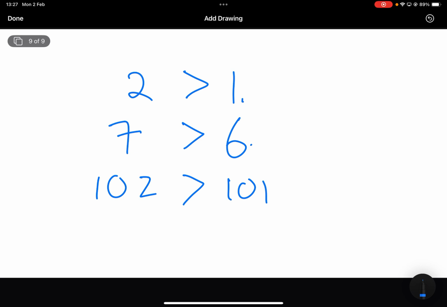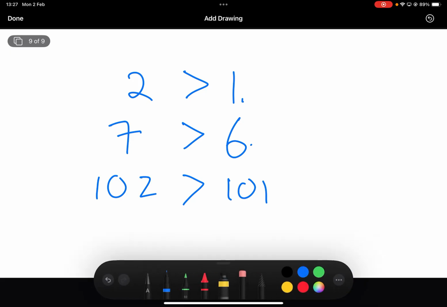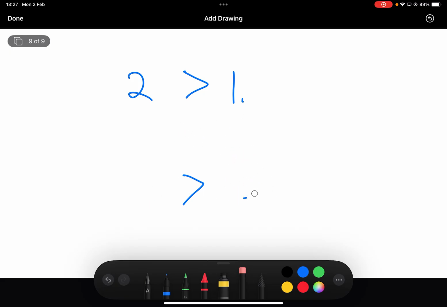The only time when the relationship changes, how does it change? I start with 2 and 1. If I multiply by 2, they become 4 and 2, the relationship doesn't change.